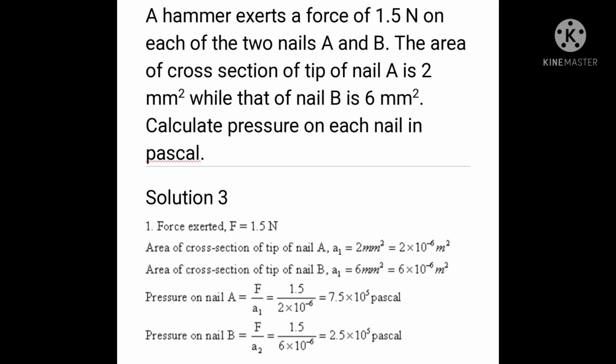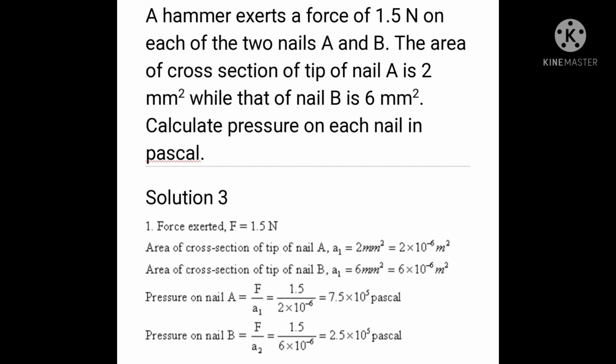Students, force exerted is given, that is 1.5 Newton, and area of cross-section of tip of nail A, A1, that is 2 mm square, or 2 into 10 raised to power minus 6 meter square, and area of cross-section of tip of nail B, that is given 6 mm square, that is 6 into 10 raised to power minus 6 meter square.